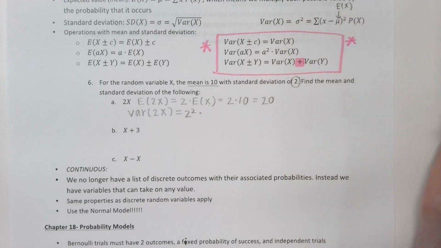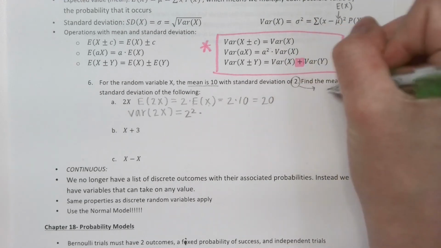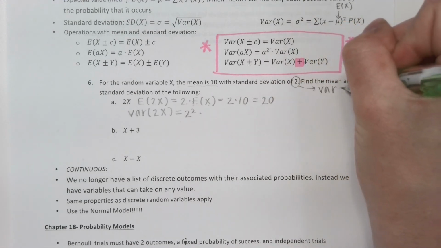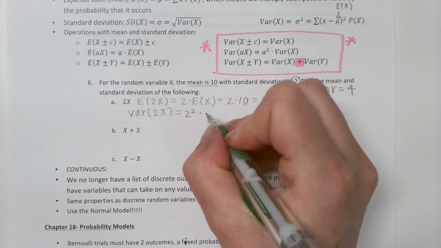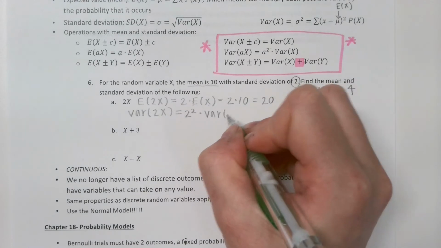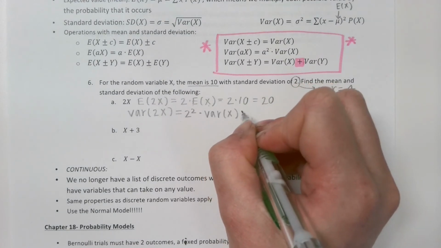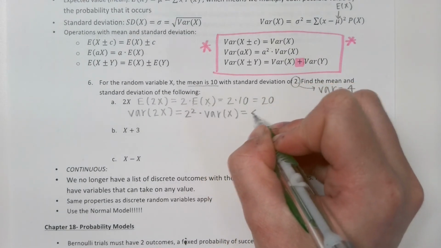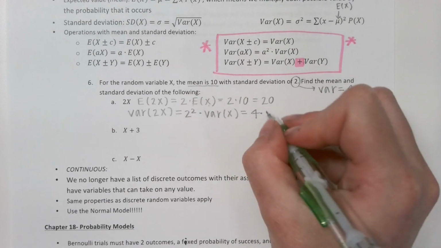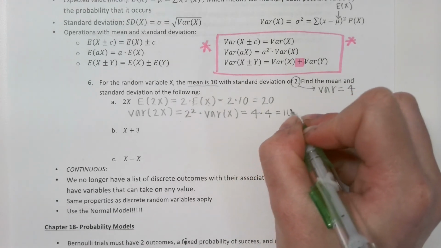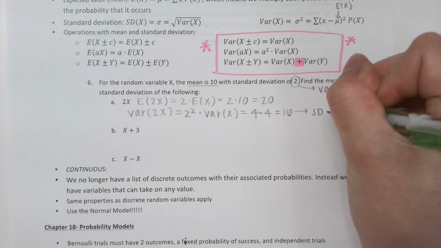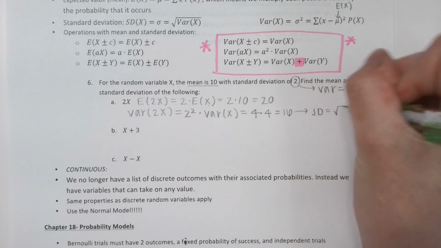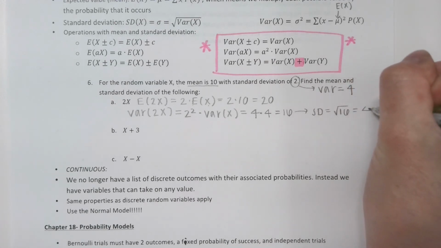Now, right now, they just gave me standard deviation. So to change this into variance, I would have to square it. So 2 squared is 4. So when I'm multiplying by that old variance, I now have 4 times that variance of 4, giving me 16. To change it into standard deviation, all I need to do is square root it. So square root of 16 is 4.